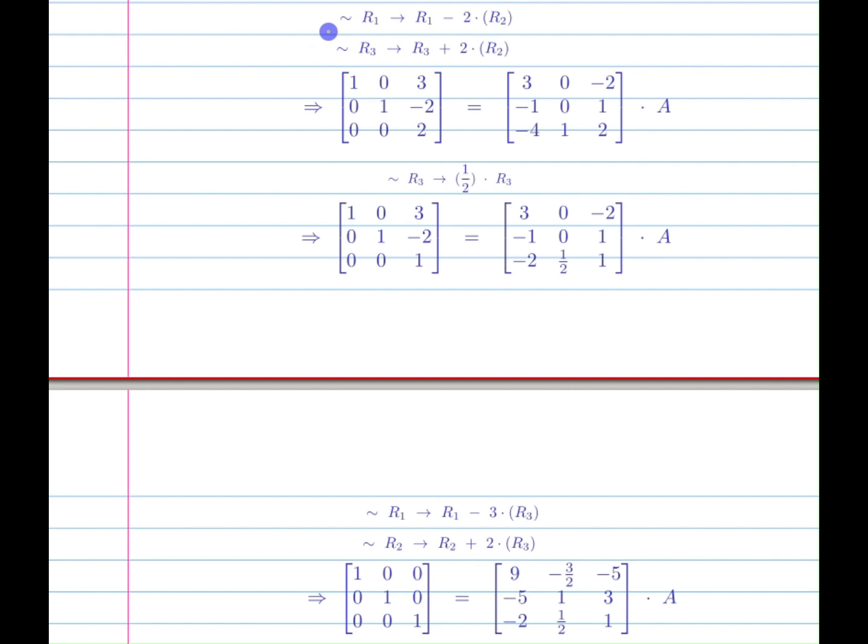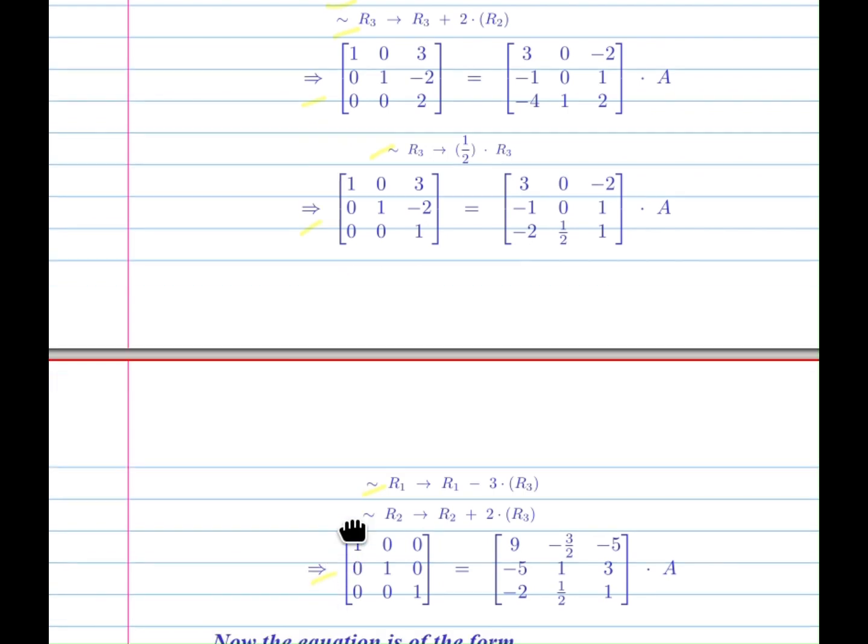Next, using transformation on R1 as R1 minus 2R2 and R3 as R3 plus 2R2, we get this. Now make R3 by 2. We get this, and now applying row transformation on R1 as R1 minus 3R3 and R2 as R2 plus 3R3. We get this equation.